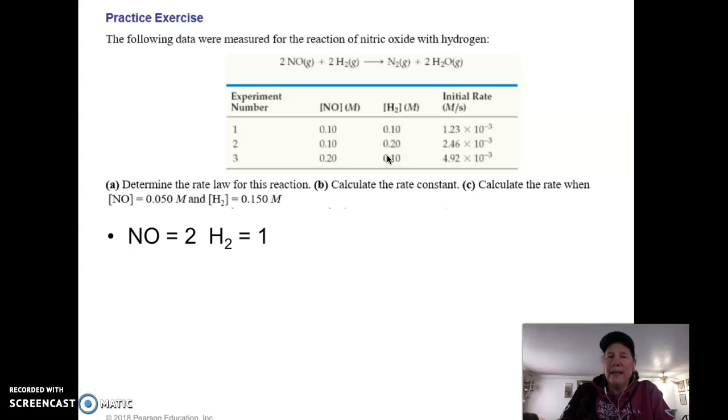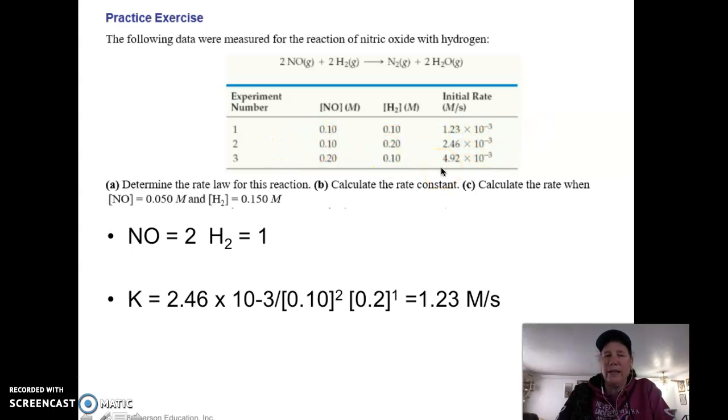Then, now I want my rate constant. So I'm going to take my rate, and again, you can take whichever reaction you want. I use the second one, and then I'm going to divide by, oh, I should have this over the third, sorry. This is up here, you guys, -3. Then I'm going to take my concentration.